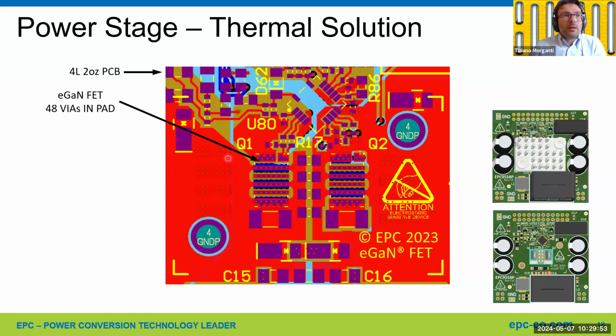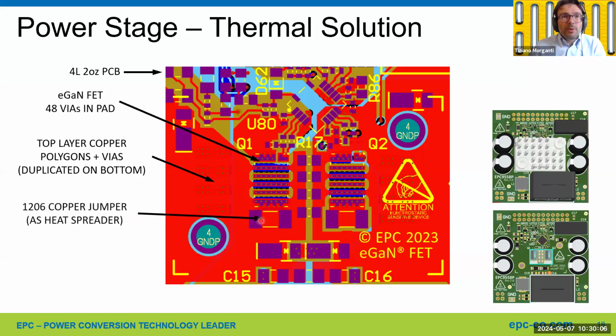So we have copper polygons duplicated also on the bottom layer of the PCB to spread the heat. And also we placed 1206 copper jumper as heat spreader on the drain pad of the device. And this is helping to transfer the heat also to the heatsink.